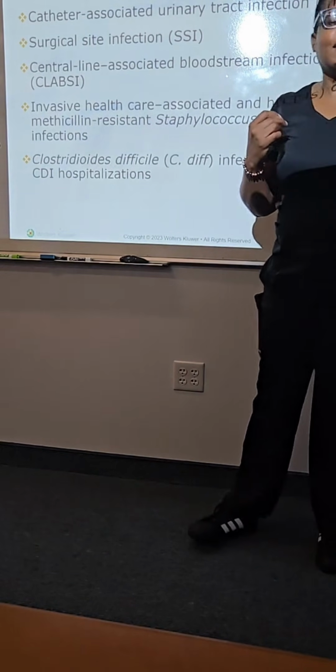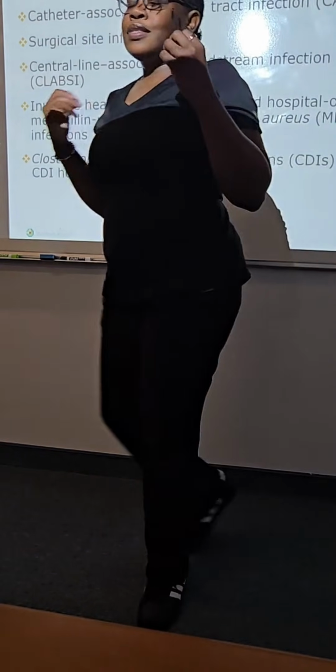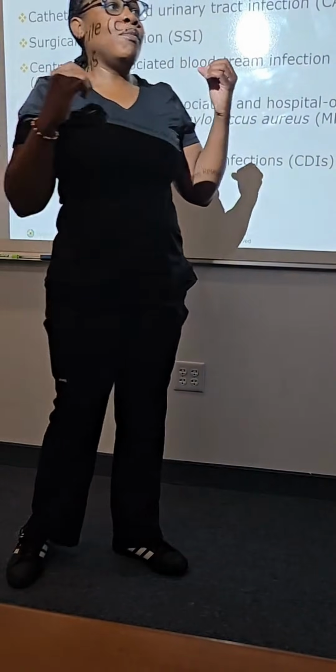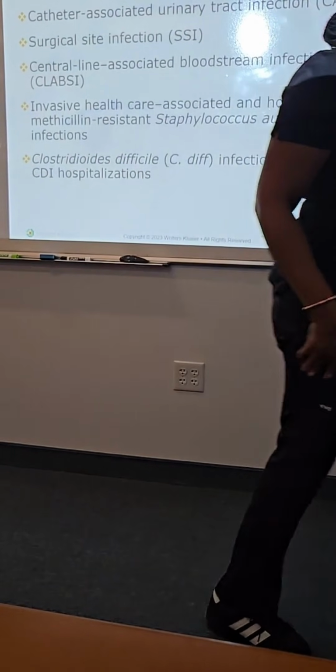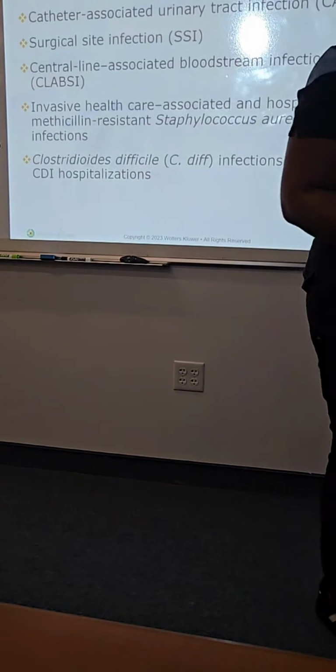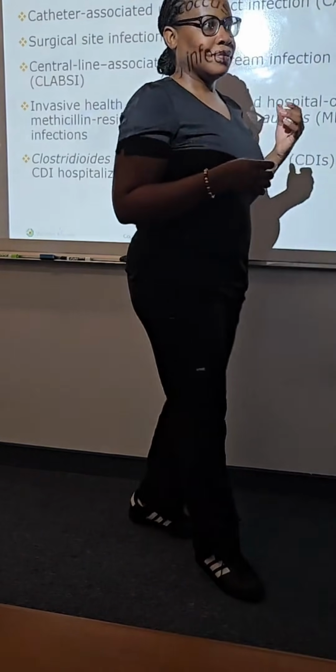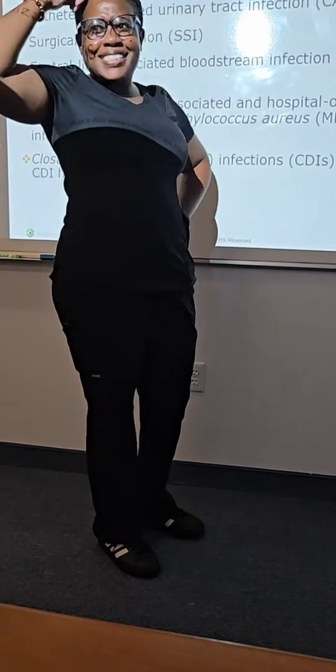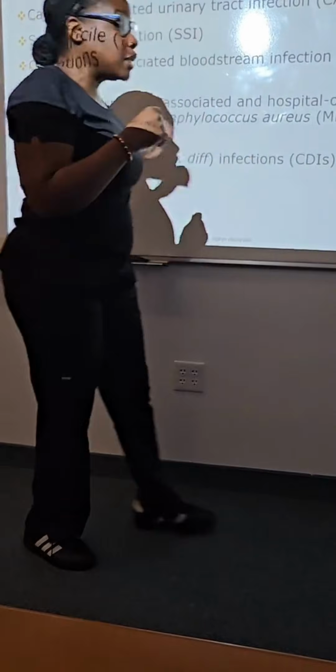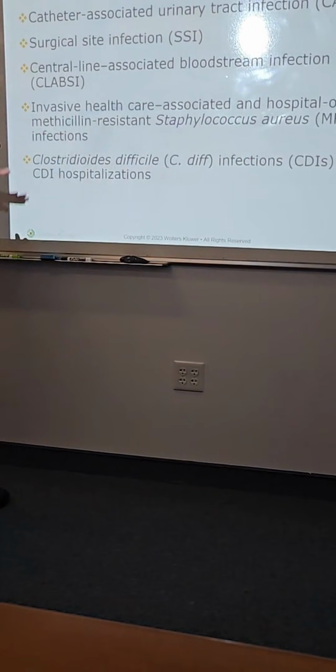What does that mean? Methicillin resistant. Like MRSA, what does that mean? Something bad. Yeah, pretty much. But look at the name. I want you to look at the name.